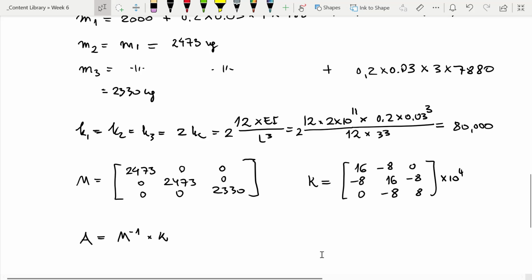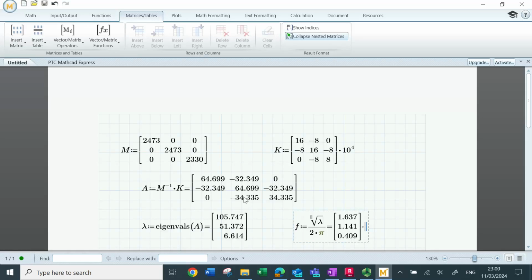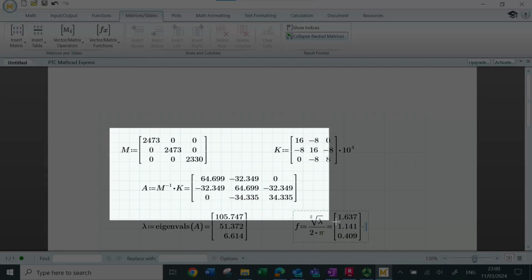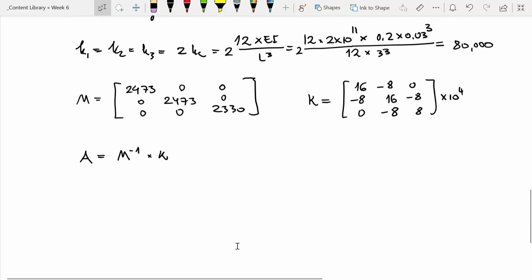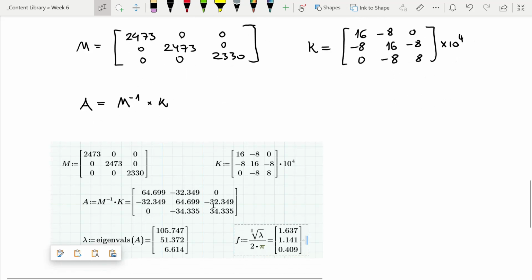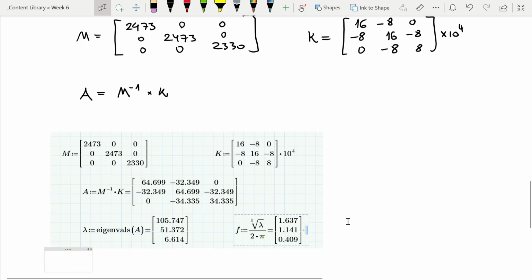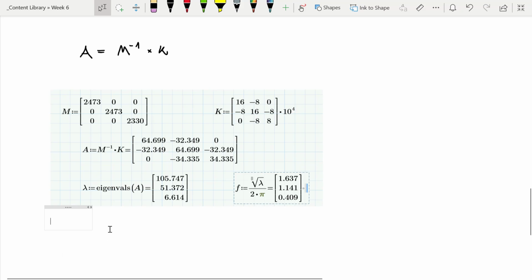I can actually copy this from Mascad first. Just made our life a bit easier. So now that we have these, the A matrix, and we have the natural frequency and the frequencies and the eigenvalues, we can actually do the calculation now of the eigenvectors.